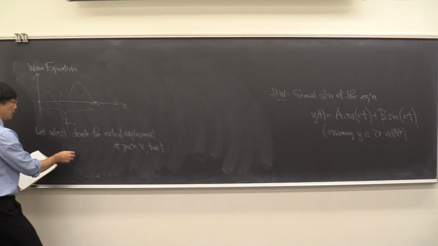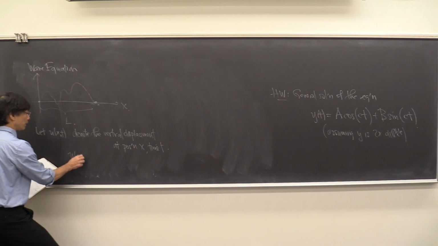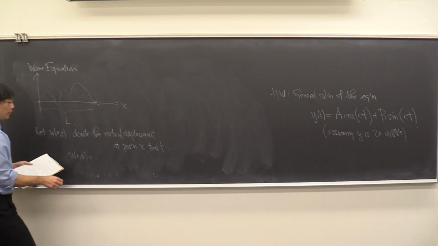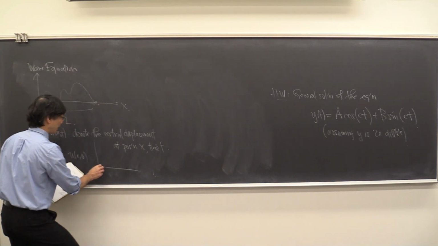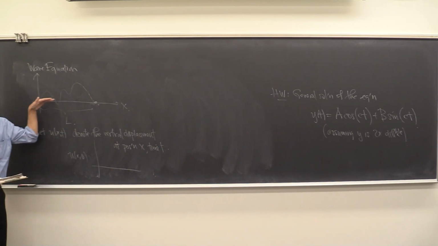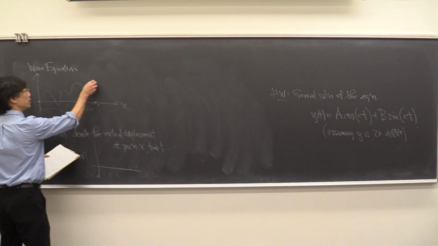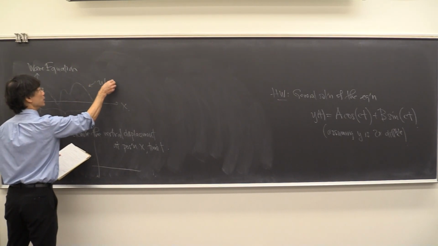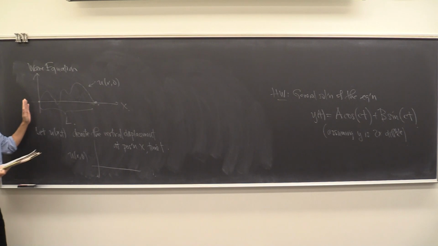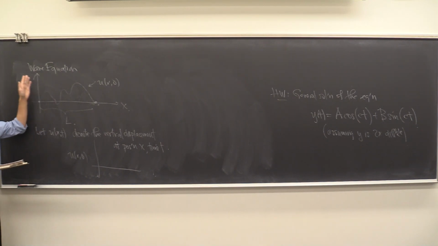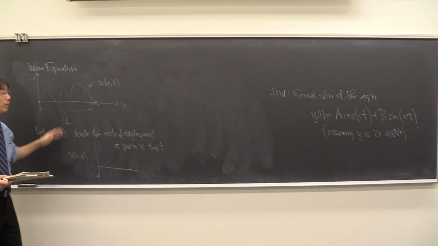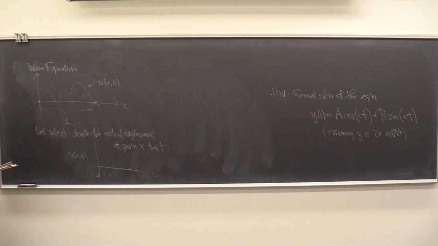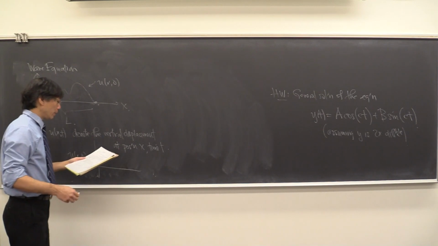So if we look at u(x,0), that's going to be the position of the string at time 0. So you can think of this initial position as the graph of u(x,0), right? And then as time goes on, the displacements are going to change.